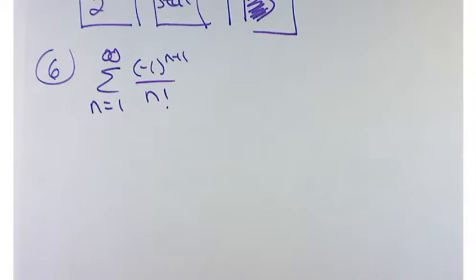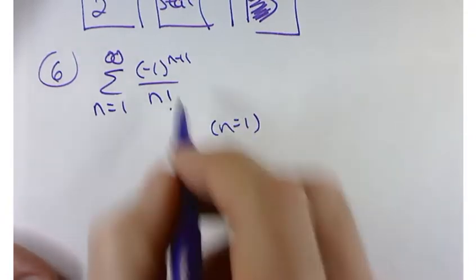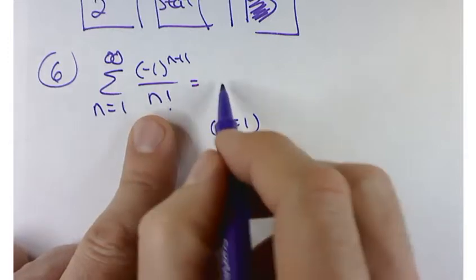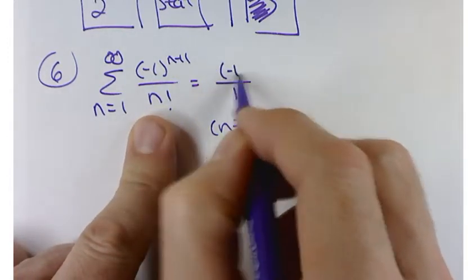So let's list a few things here. So the first term, when n equals 1. If n equals 1, I'll have a 1 factorial here and negative 1 squared.